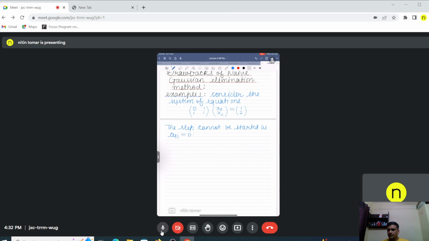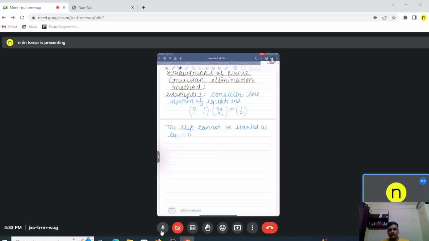Then this method will work, right? If we interchange the rows, it comes under row operation. Yes, you can interchange two rows. But what I want to emphasize is that when we are doing numerical analysis, we are using machines to do the computations. Now, if we apply the Gaussian elimination method as we have done earlier, the machine will say the method cannot be started.